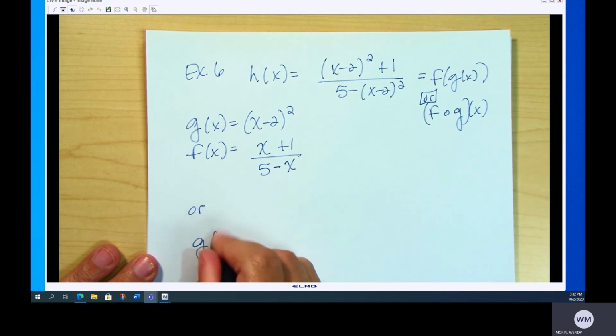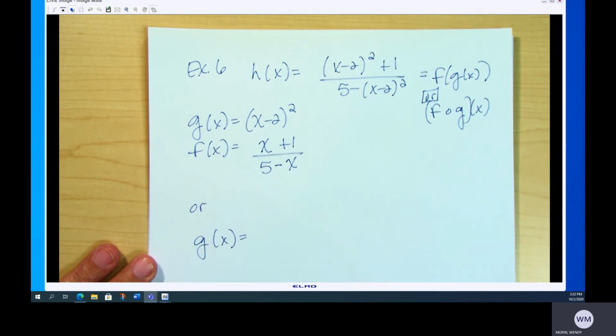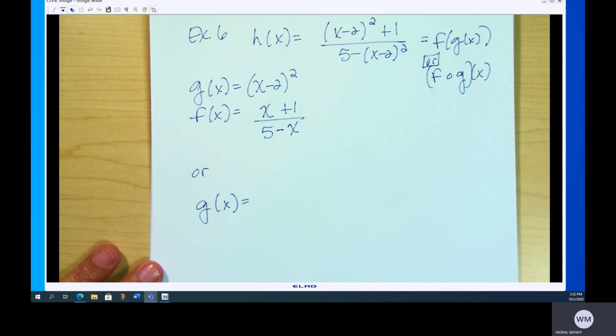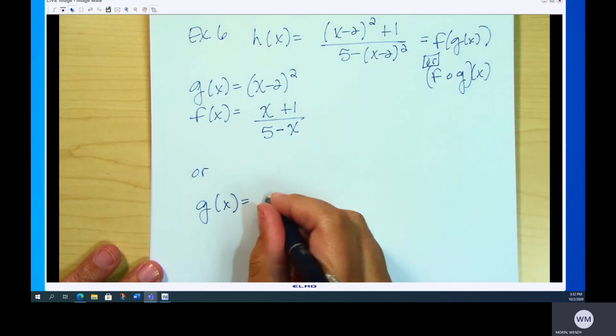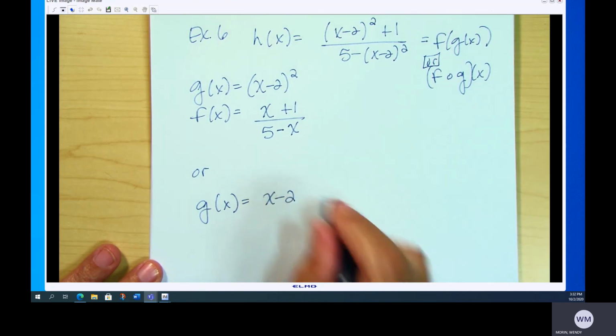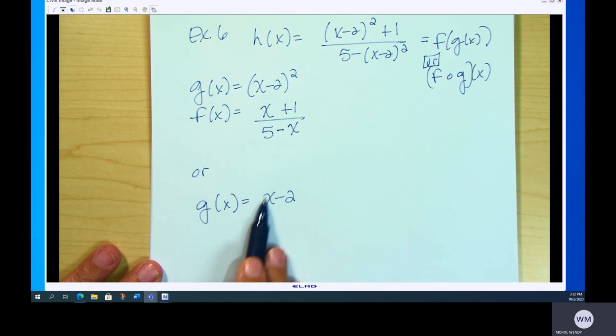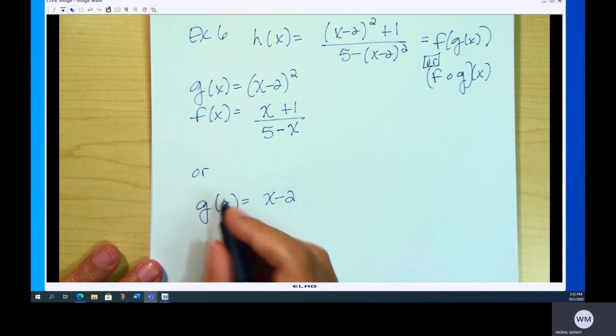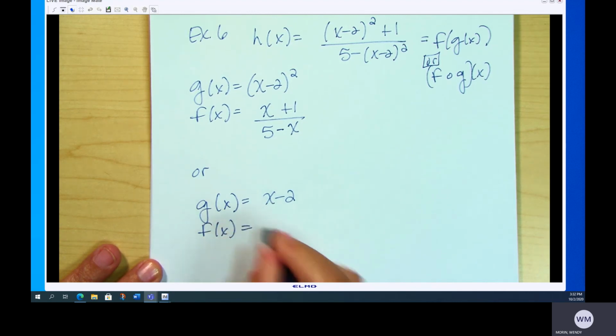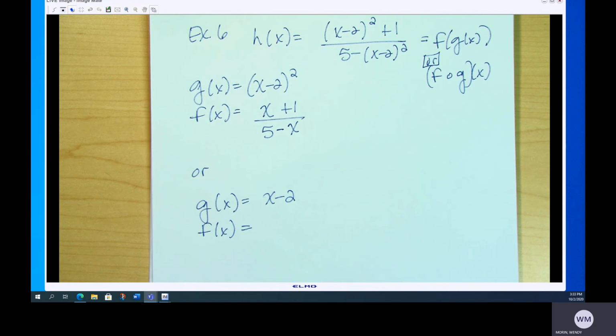Can you see another possibility? How about if my substitution was just x minus 2? How about my replacement was just x minus 2? Go ahead and figure out what function you would have substituted x minus 2 into to get that. This is your replacement for x.